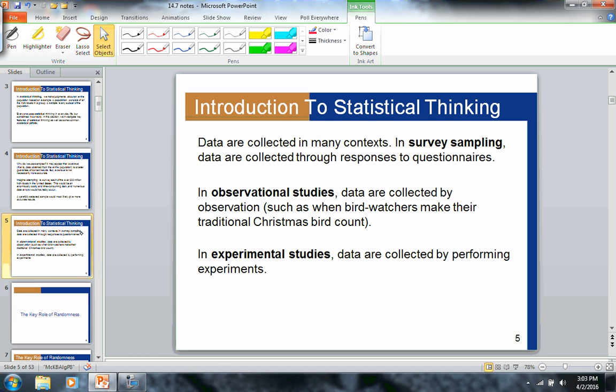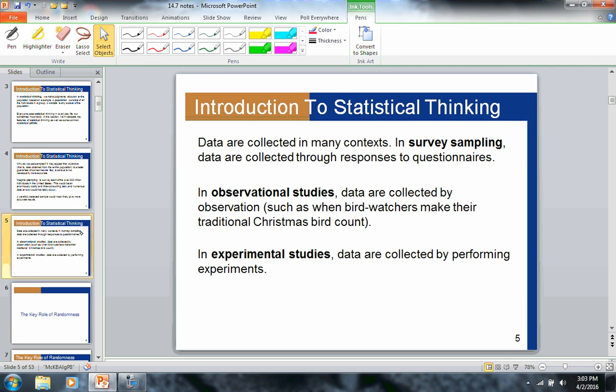Now, when the data is collected, it can be done in many different ways. You can do a survey sample, where you answer questions on a questionnaire. You can do an observational study where you just collect data by observing.